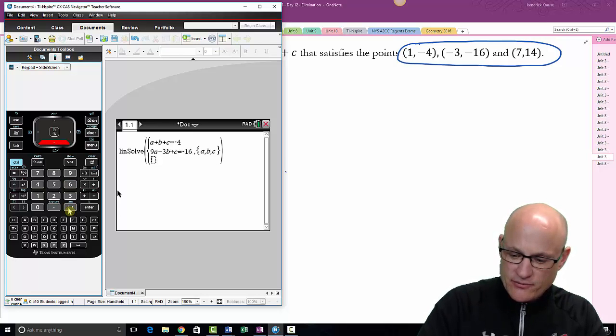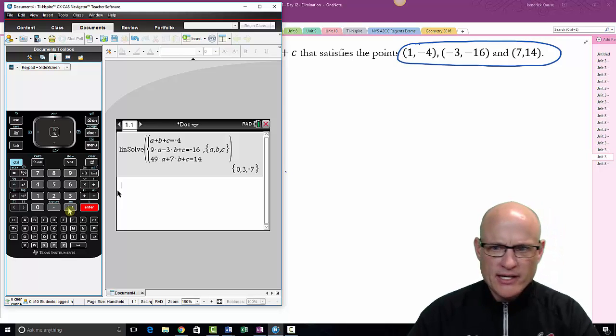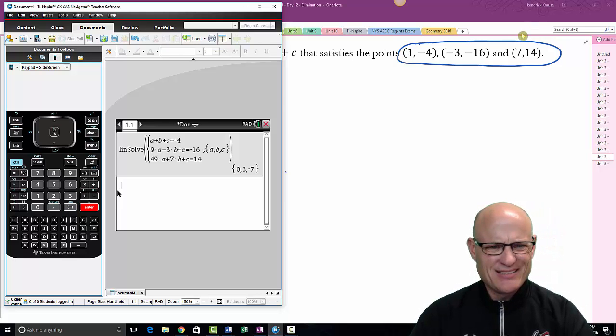And 49A plus 7B plus C equals 14. All right. Ooh, that's weird.